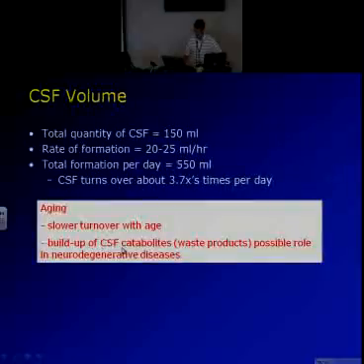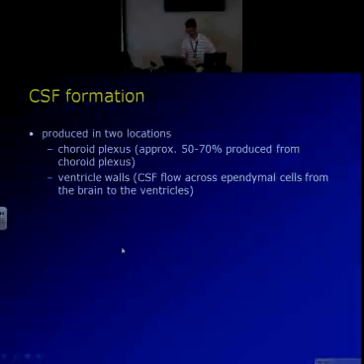So that's fluid volume. Formation, as I alluded to earlier: those choroid plexuses, these specialized cells within each of the ventricles, in the lateral ventricle, third ventricle, fourth ventricle, are essentially the production factory. But as I think I mentioned earlier, the brain has CSF fluid in it too, and it is crisscrossing paths along the ventricular walls.